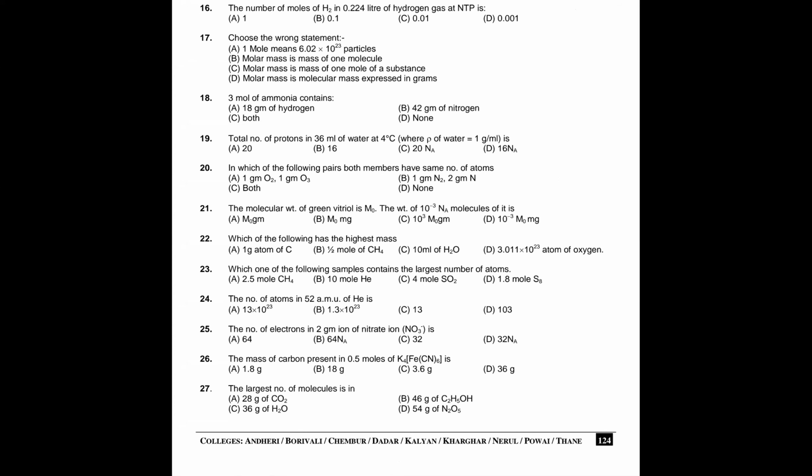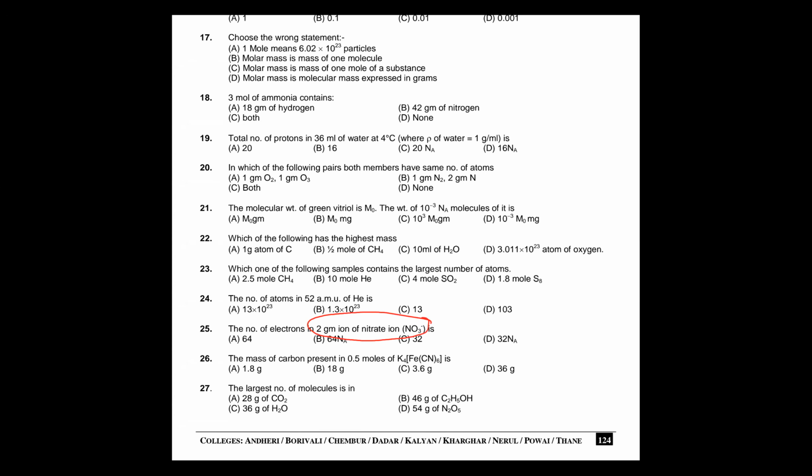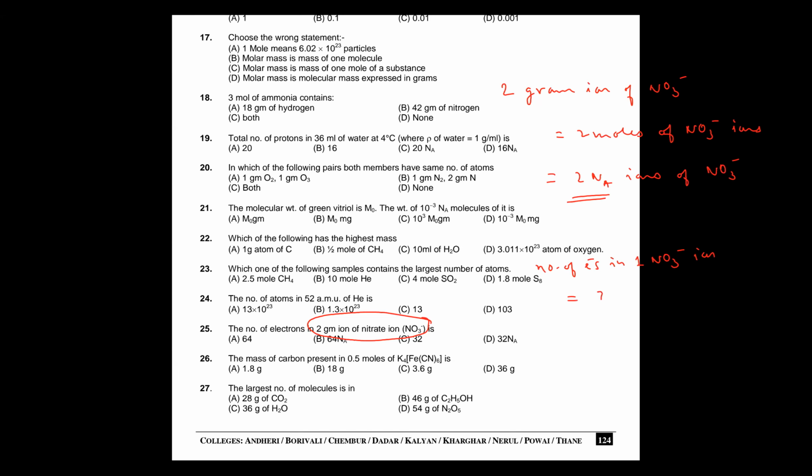The number of electrons in 2 gram ions of nitrate is 2 moles of NO3 minus ion, or total 2 Na ions of NO3 minus. Let us find out number of electrons in 1 NO3 minus ion. It has 1 nitrogen atom, which has 7 electrons.